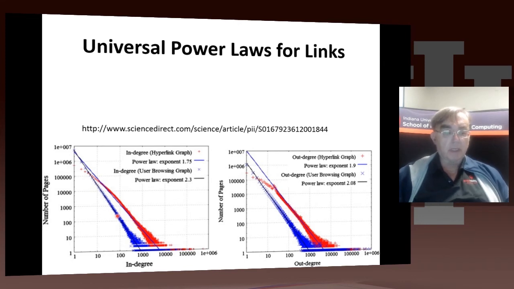And so this would say that we have 1,000 pages in this sample which have around 70 hyperlinks going into them. And this is the link of the hyperlinks, and this is actually the link of the users browsing the web.